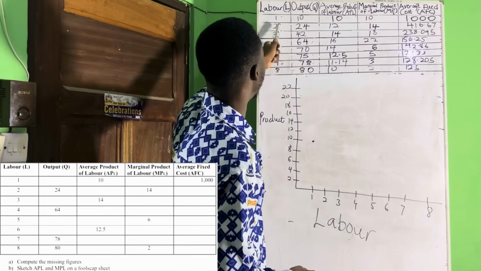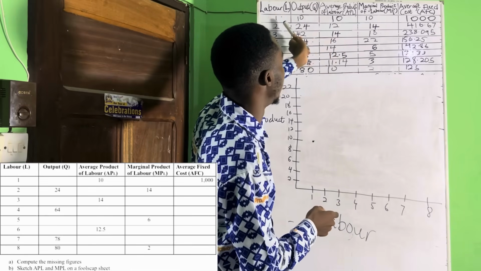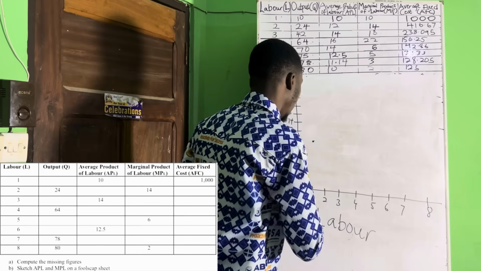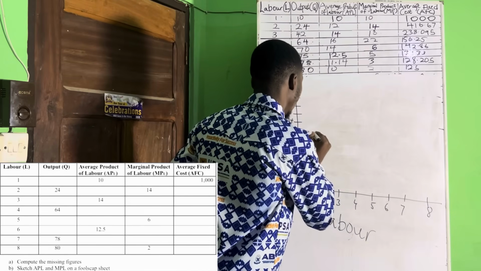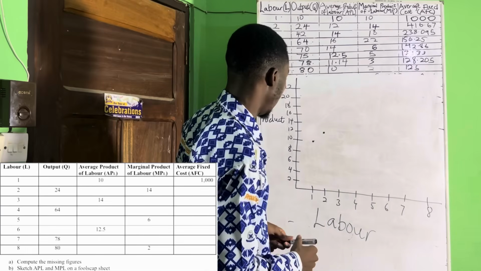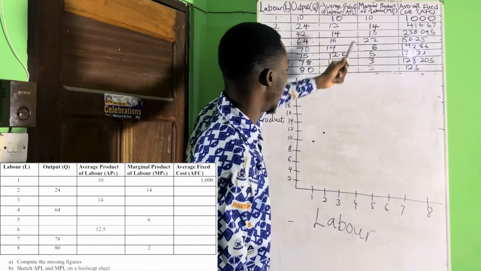Then for labor 2, still on average product of labor, our average product of labor for labor 2 is 12. So labor 2, then we trace it to 12. So 2 and 12, we are getting it somewhere here. Then labor 3, average product of labor is 14.